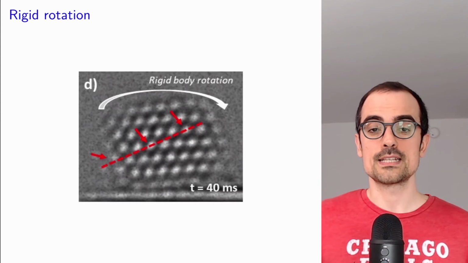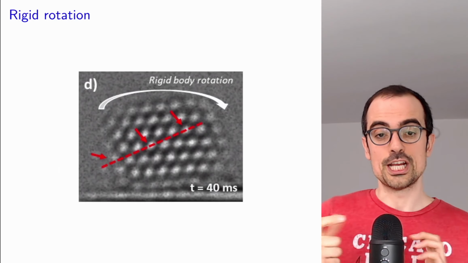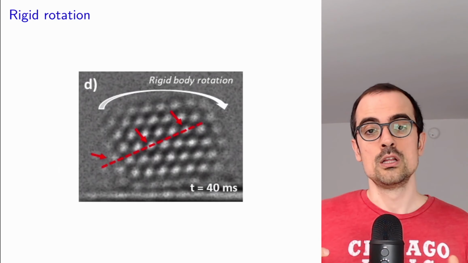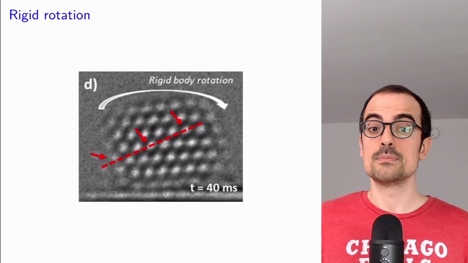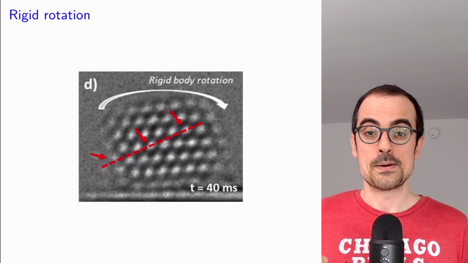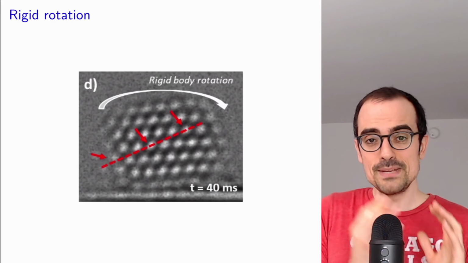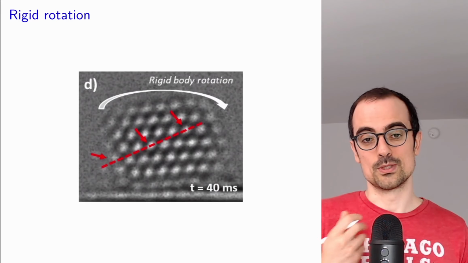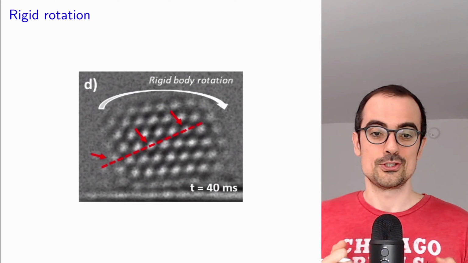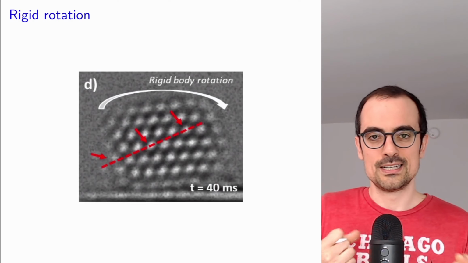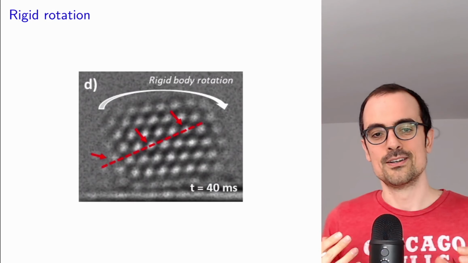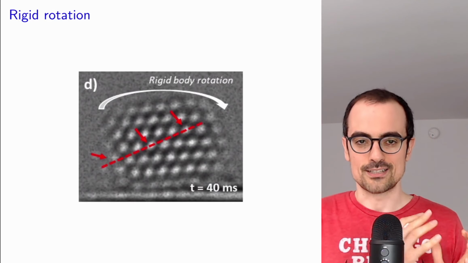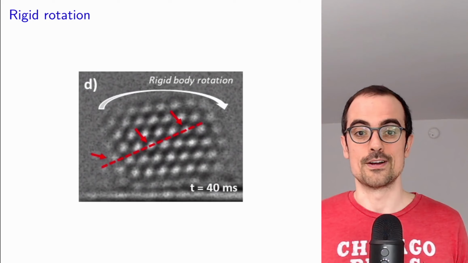I want to emphasize that some of these changes in the atomic structure occur much faster than the time scale of milliseconds, but milliseconds is already faster than was previously possible. So at least you're able to glean some of the atomic reconfigurations that are happening within the nanoparticle, which is very exciting.